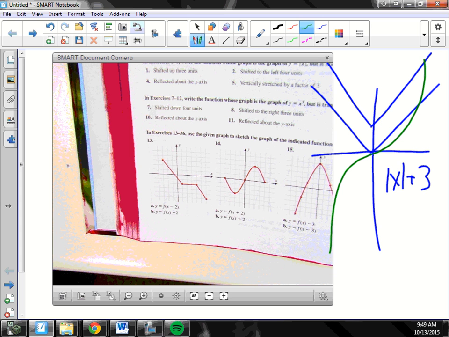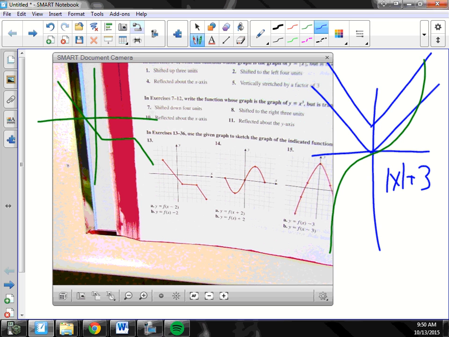I would graph it, but don't worry about being too specific with the points. If you did this, then for your next one, just do, that's good enough. Would that help?